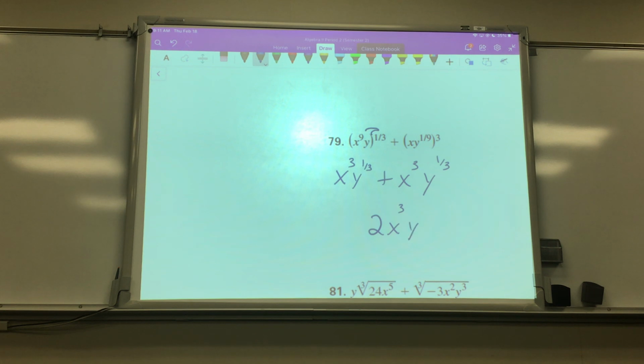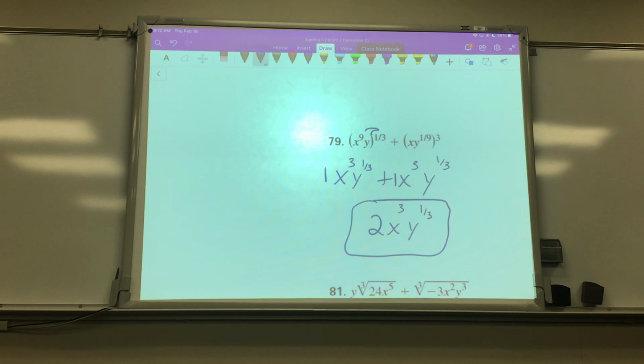Wait, where did you get 2 from? Why don't you have 2 y to the 1/3? They're like terms, right? x cubed y to the third, x cubed y to the third. Remember, those don't change at all. You just add or subtract your coefficients.